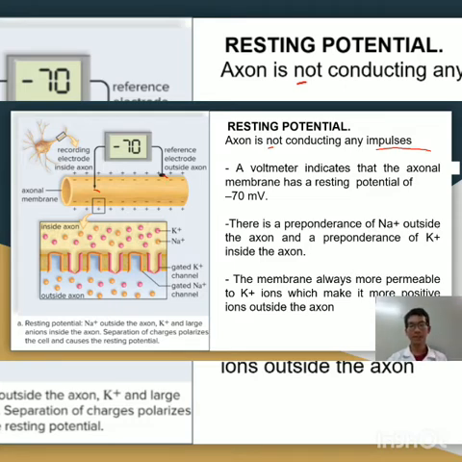There is a preponderance of sodium ions outside the axon and a preponderance of potassium ions inside the axon. The membrane is more permeable to potassium ions, which leaves the outside more positive. This is the resting potential, negative 70 millivolts.